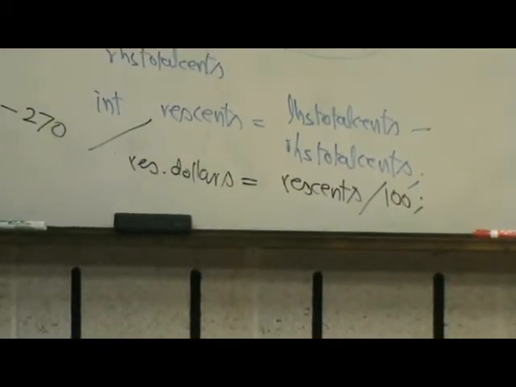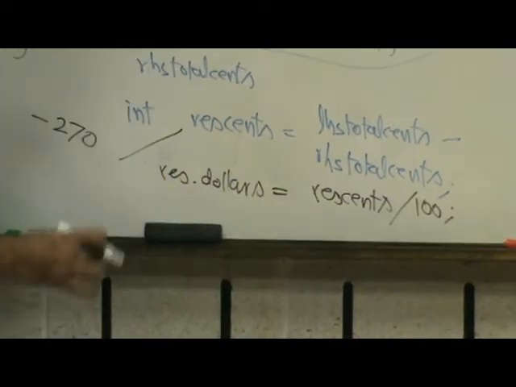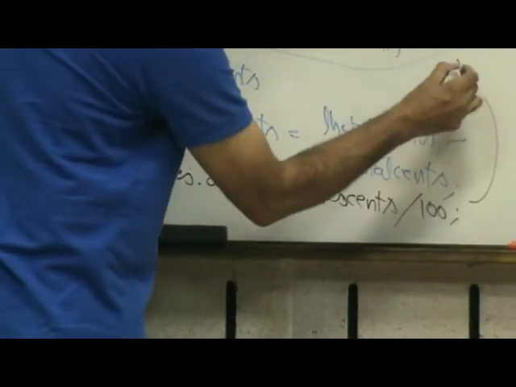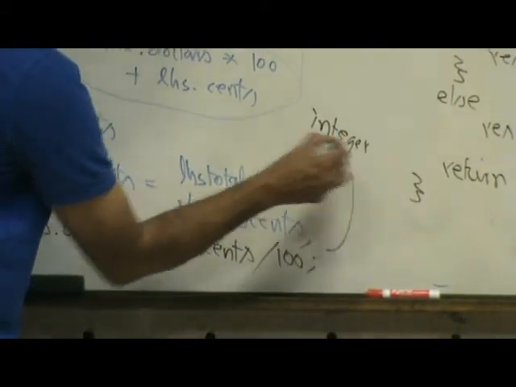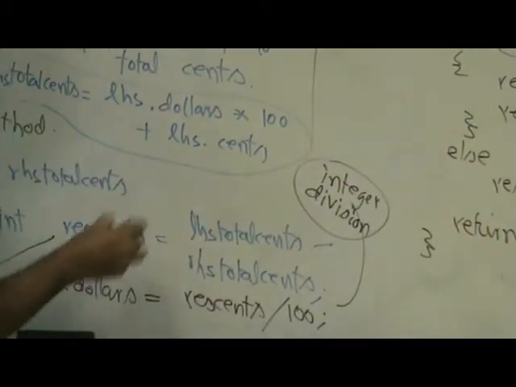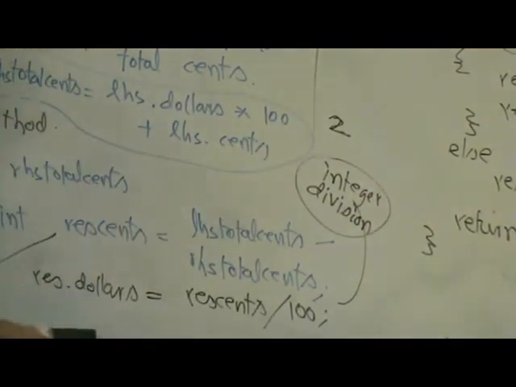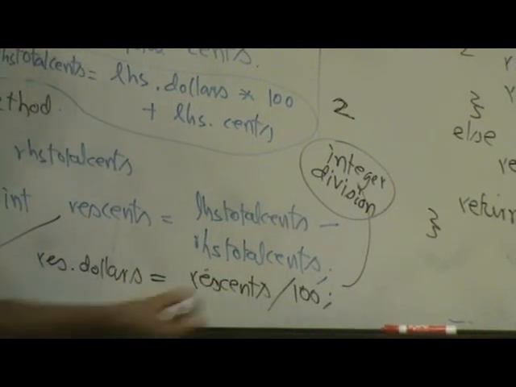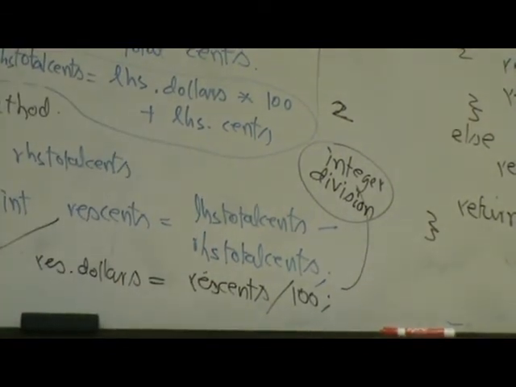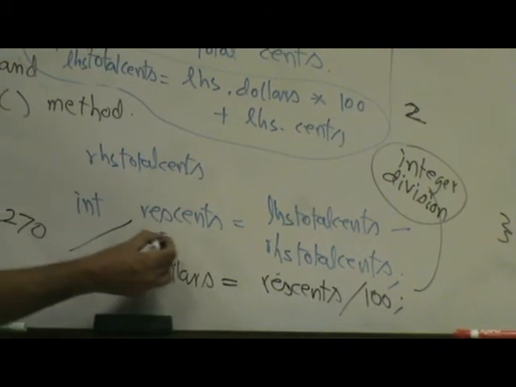See, once we divide by 100, if this is an integer, this is an integer, it does what is called integer division in C#, meaning it will not produce an answer of 2.7, it will only produce an answer of 2. It eliminates the decimal, if both things are integers, and only keeps the whole number. So this will produce in this example an answer of 2.